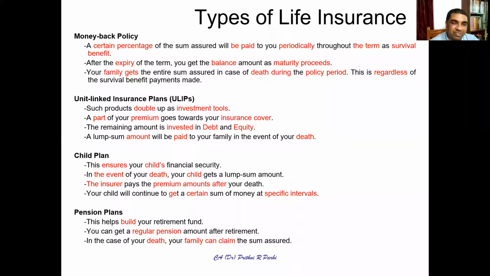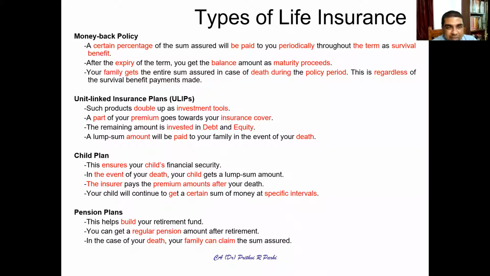Next plan is child plan. It ensures the child's financial security in the event of the death of the person. A child gets a lump sum amount. The insurer pays the premium after the death of the insured. Once the person dies, the premium is waived, and the child will get the benefit.